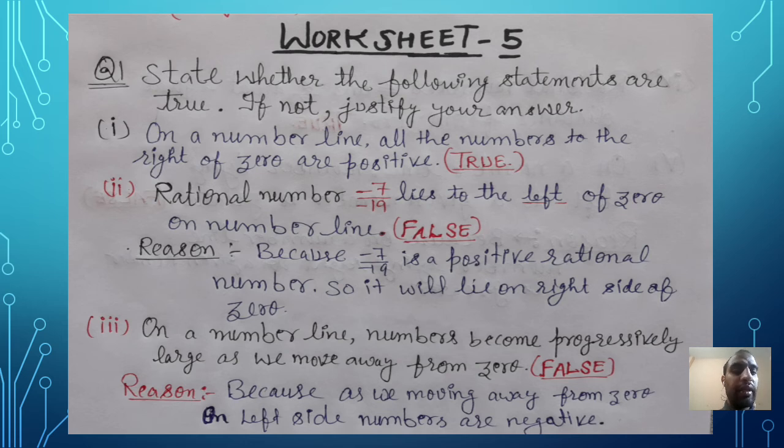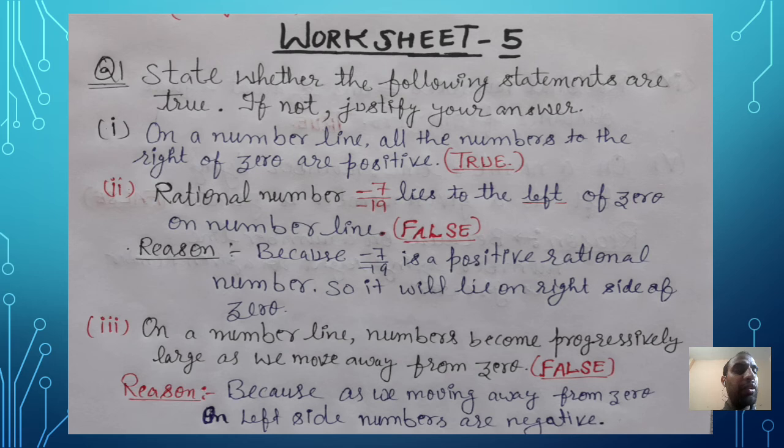So take our next statement. On a number line, numbers become progressively larger as we move away from 0. As I told you, my dear student, it is a key point. When we are moving away from 0 toward the right side, the numbers are increasing in value.